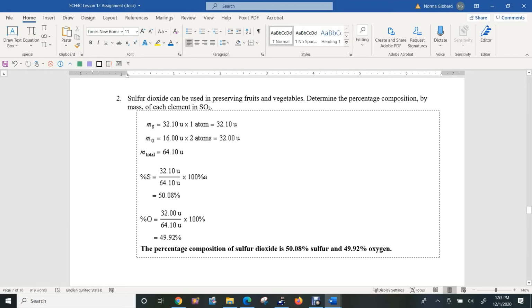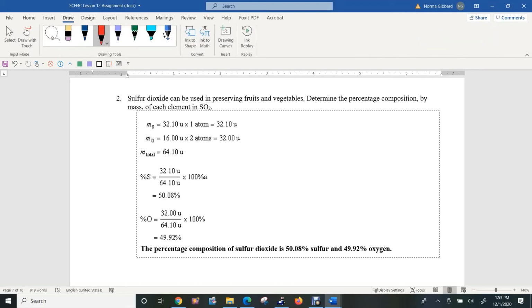So, from the periodic table, you find that the mass of sulfur, which is this little part here, is 32.10 times 1 atom, which is 32.1.